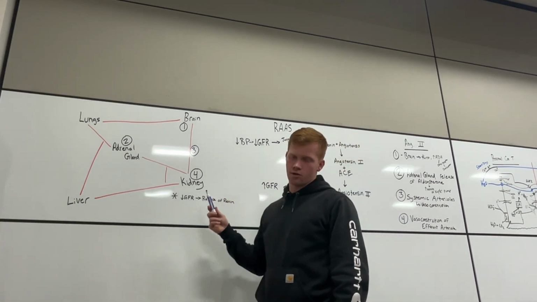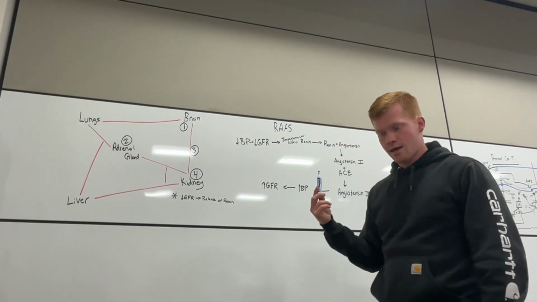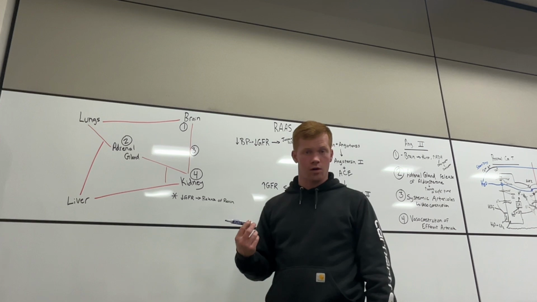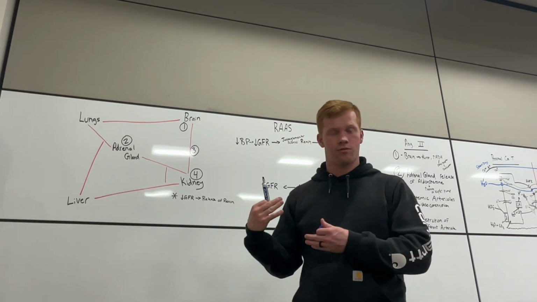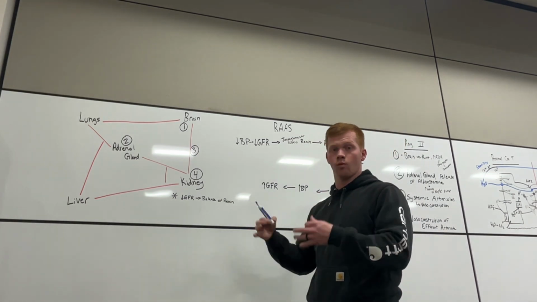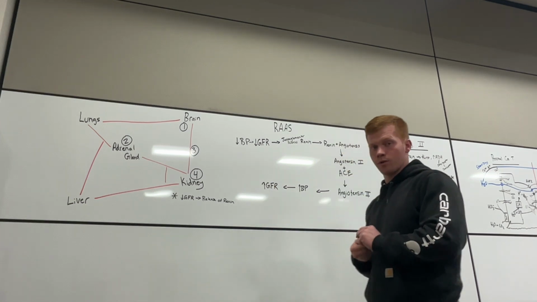So if we're increasing the sodium-potassium pump, we're having more sodium pumped into the blood. And we know water is going to follow sodium. So when sodium gets pumped into the blood, water is going to follow and get more reabsorbed. It's going to bring water into the blood vessels, which is going to help bring the blood pressure back up.